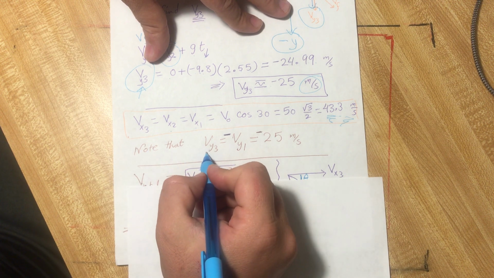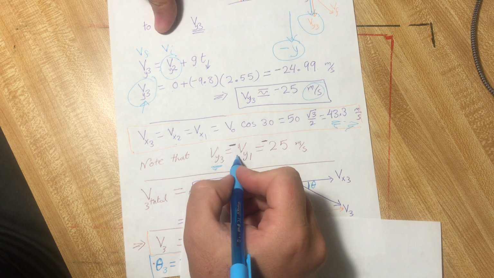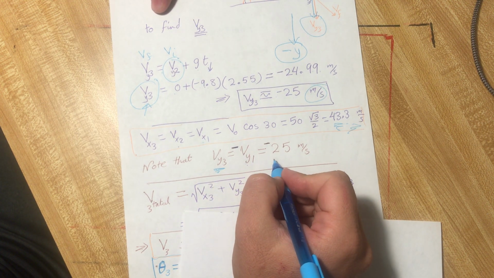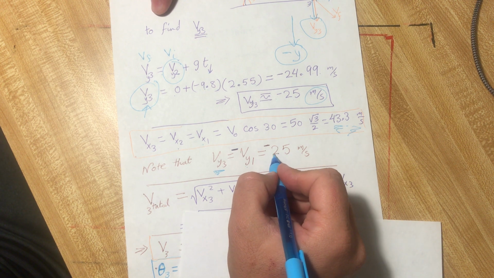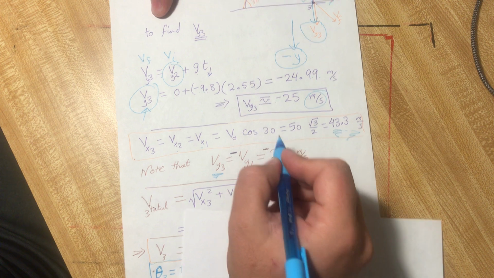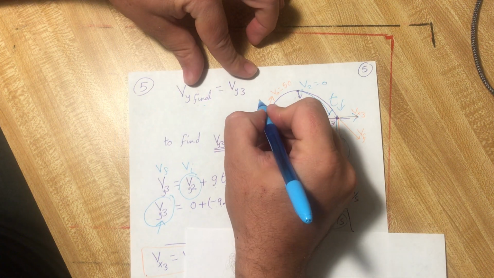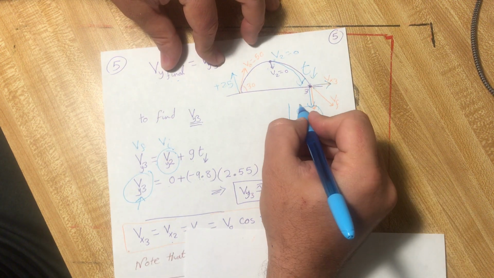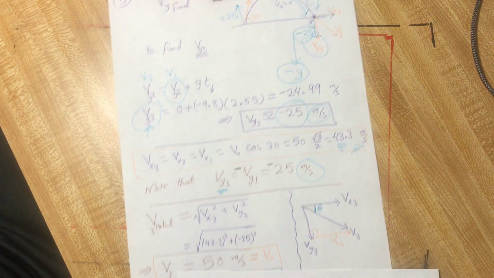Note that vy3 at the final point is equal to minus vy1, which is minus 25 meters per second. We have the first velocity in the y direction, 25 in the positive direction, and here negative 25 in the negative direction.